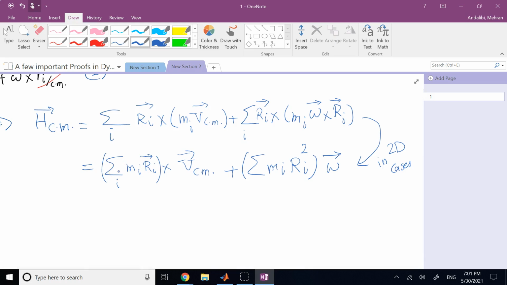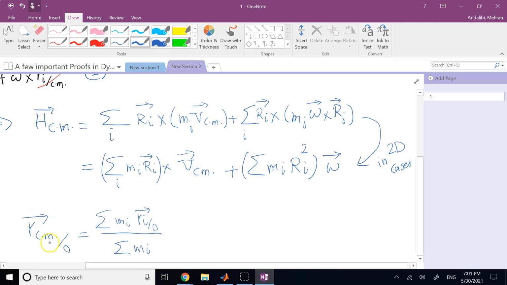Well, based on the definition of the centroid, position of the centroid in the past, if you remember, R of the centroid with respect to the origin was what? Was summation of mi, R of the particle i's with respect to the origin, divided by summation of mi's, correct?